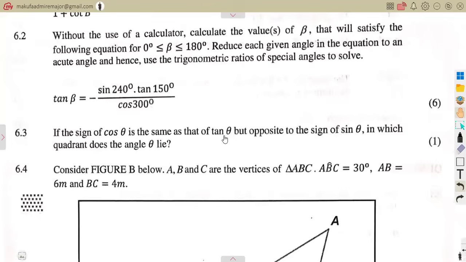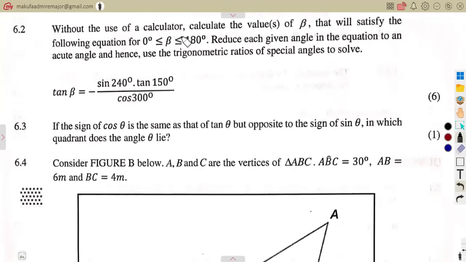6.2, without the use of a calculator, calculate the values of beta that will satisfy the following equation. If beta is to be taken within 0 to 180, reduce each angle in the equation to an acute angle and hence use the trigonometric ratios of special angles.